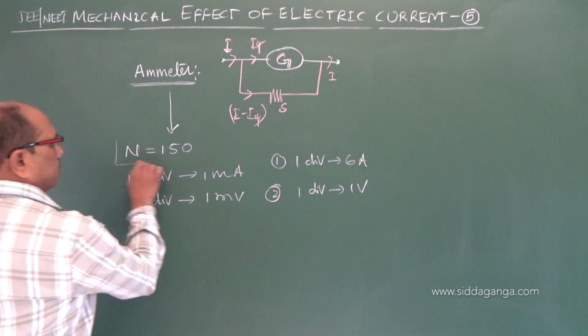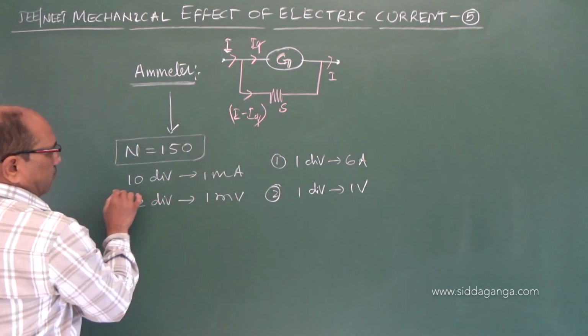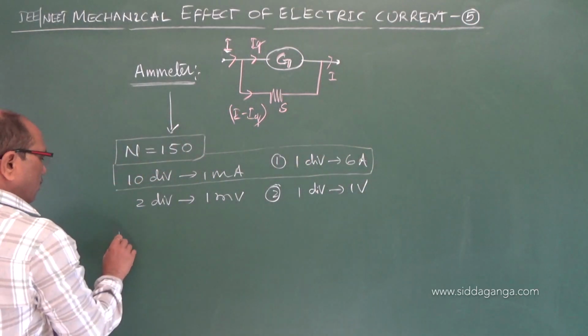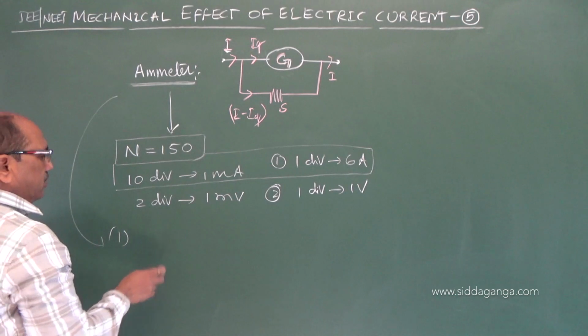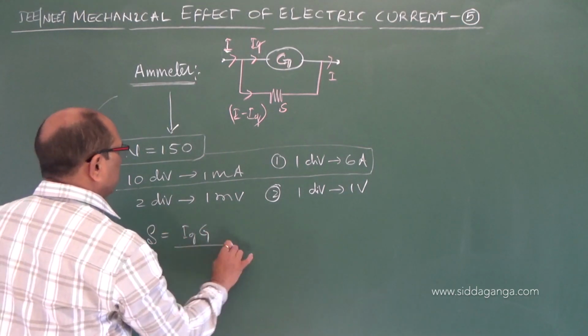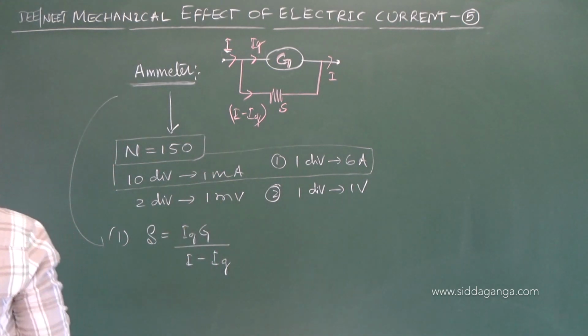In the galvanometer there are 150 divisions. First, it is the part of converting into ammeter. If we are going to convert into ammeter, we require S is equal to IgG upon I minus Ig. They gave the G value also.